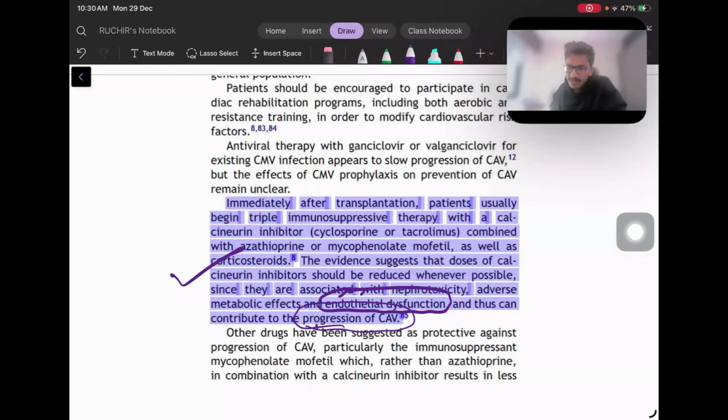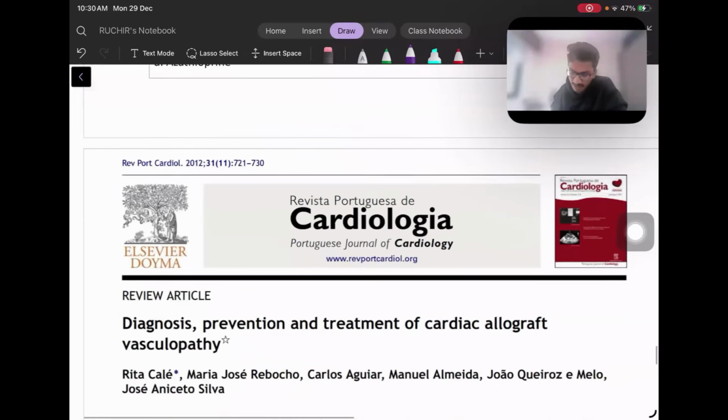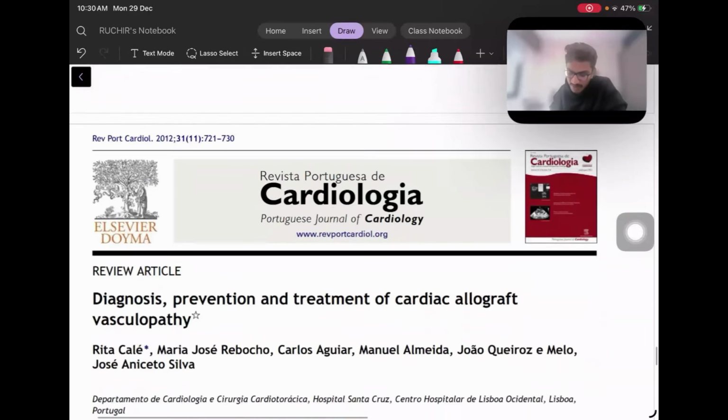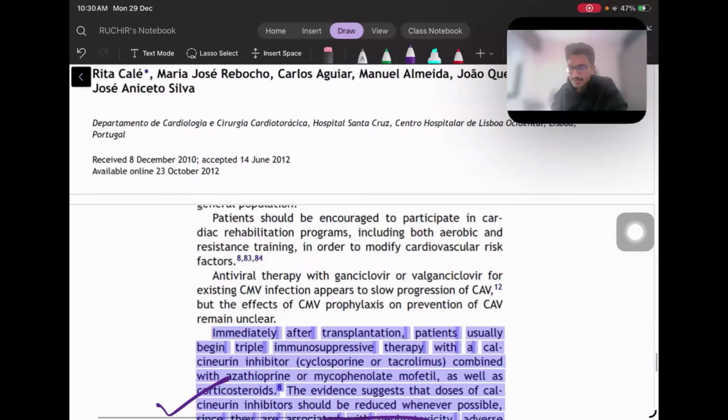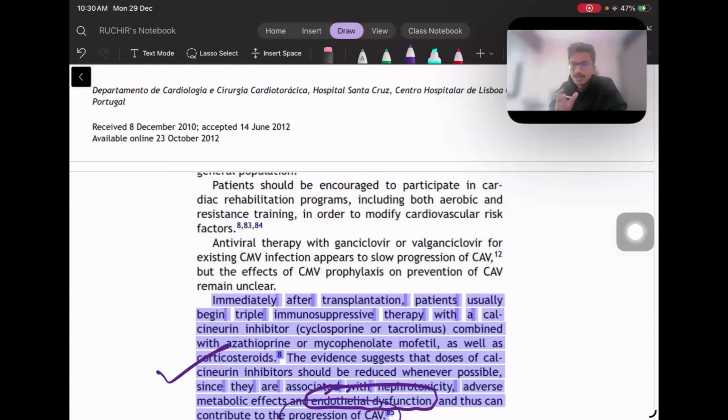Yes, the clinical stem showed heart transplant, follow-up after 1 year, thickening of coronary arteries. Which agents? The answer is calcineurin inhibitors. Now, there is no straight mention about this particular pathophysiology, that because of the endothelial dysfunction due to the calcineurin inhibitors, there is exaggeration of the coronary allograft vasculopathy.